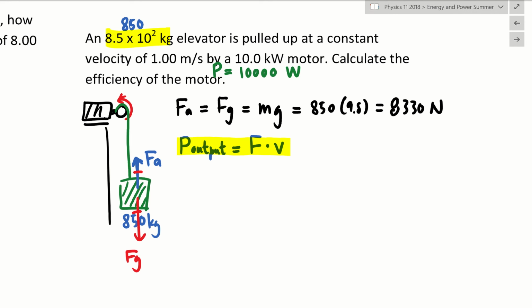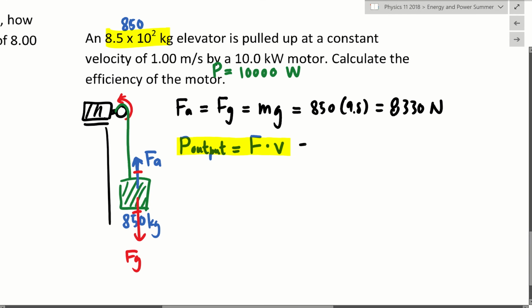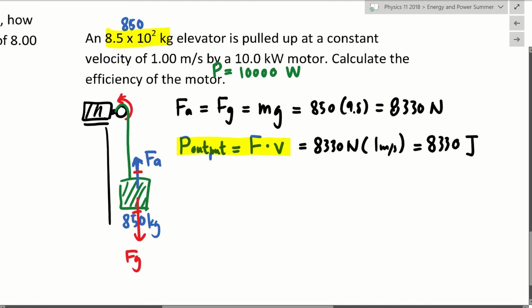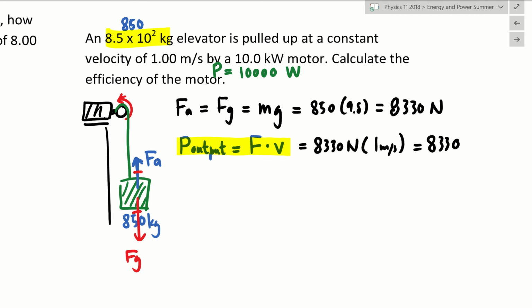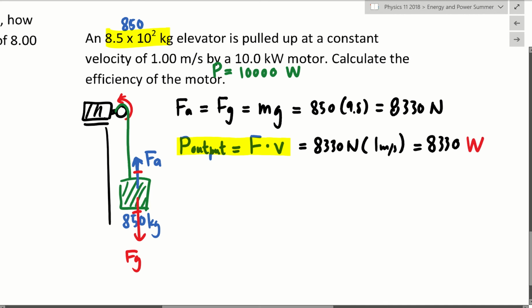It's not on the formula sheet, but it works if you have constant velocity, and this time we do. The applied force is 8,330 Newton and the constant velocity is 1 meter per second. So the power output is 8,330 watts. Not joule, typo. 8,330 watt. That is the power output.